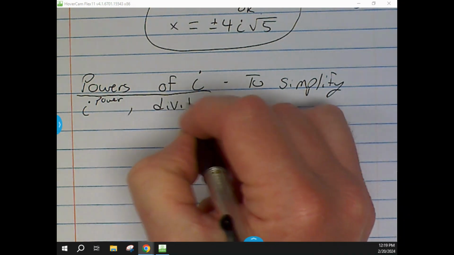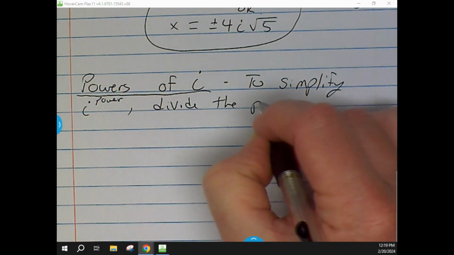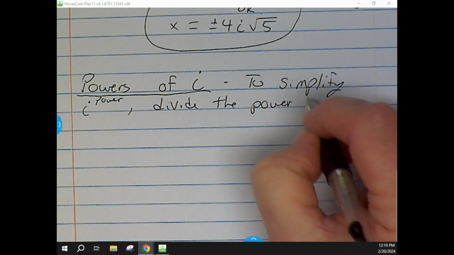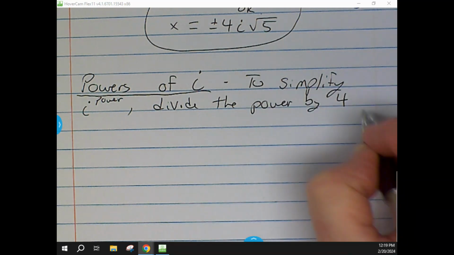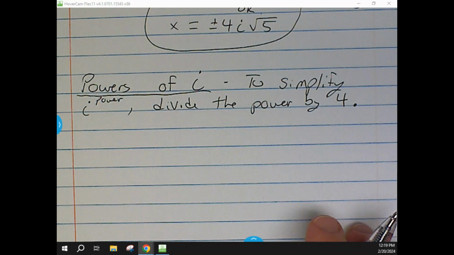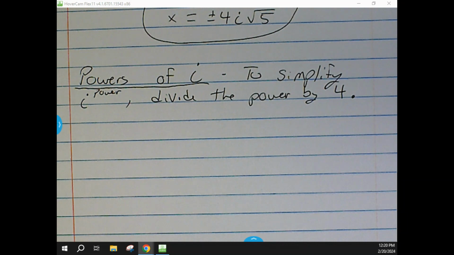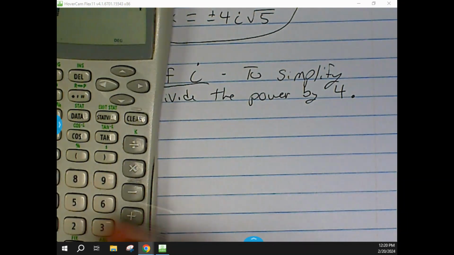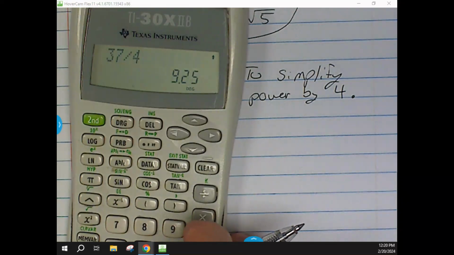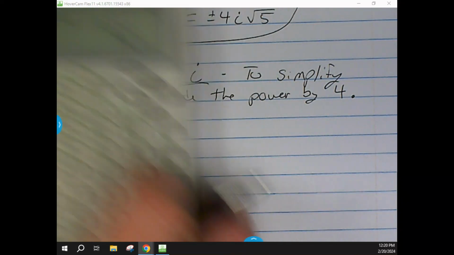Here's all you're going to do. You're going to divide the power by 4. So if it's i to the 37th, you would just take 37 and divide it by 4. So we get 9.25.